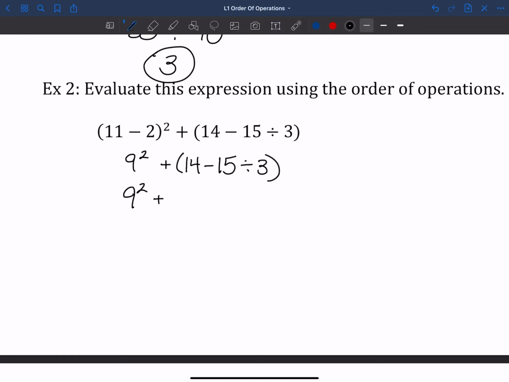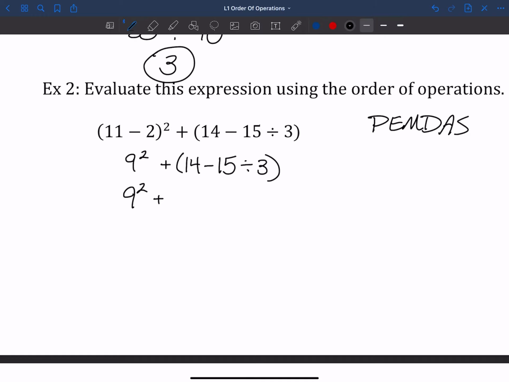If you haven't yet, take a quick second, pause this, and think about which one of those I would do first, 14 minus 15 or 15 divided by 3? Hopefully you said 15 divided by 3, because while I'm in there, I'm still going in PEMDAS. So division comes before subtraction. So we're going to take care of that first.